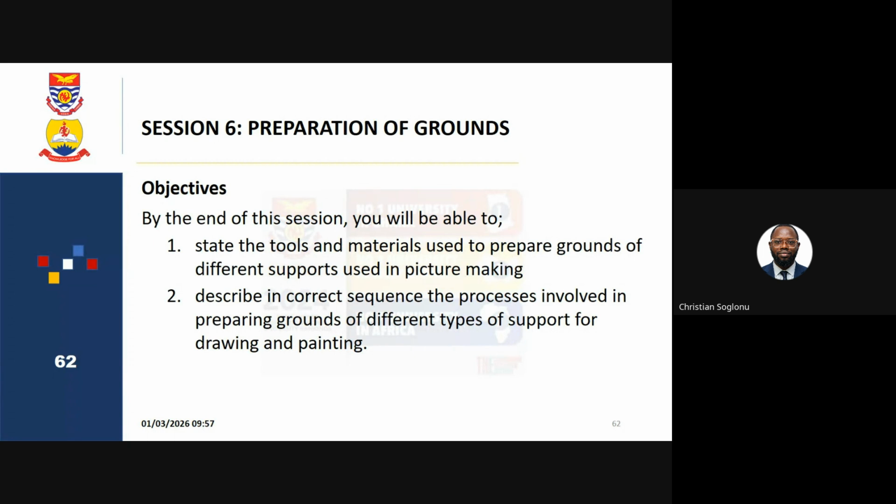So we now get to preparation of ground. With the preparation of ground, we are saying that by the end of this lesson, you'll be able to state the tools and materials that are used to prepare ground of different supports in picture making, when you want to prepare your ground, and describe in correct sequence the process involved in preparing a ground of different types of support for drawing and painting.